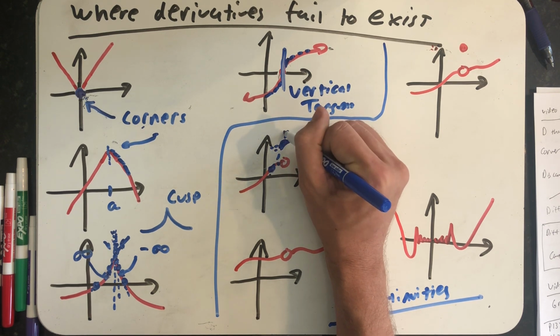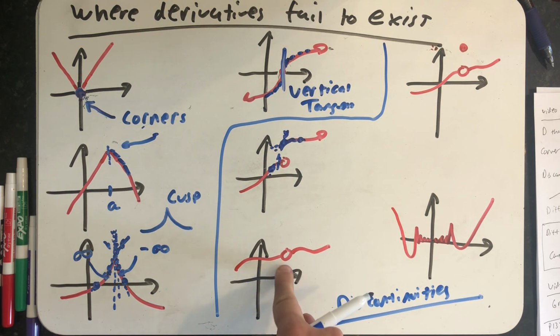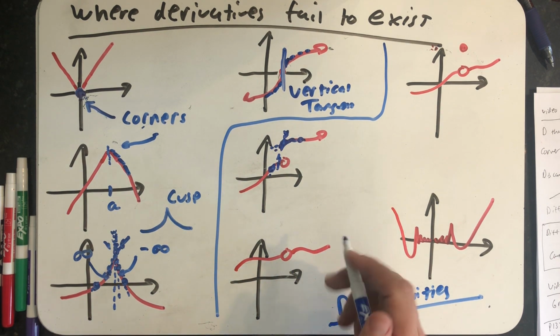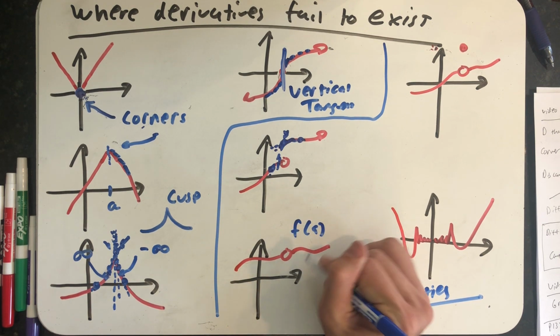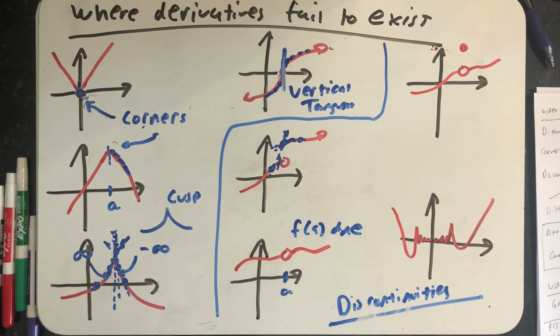In fact, it doesn't even look like it makes sense, like I wouldn't even get a tangent line. This is a removable discontinuity, but f of a, if I call this a, does not exist. Well, I can't calculate a derivative at a if f of a doesn't exist.